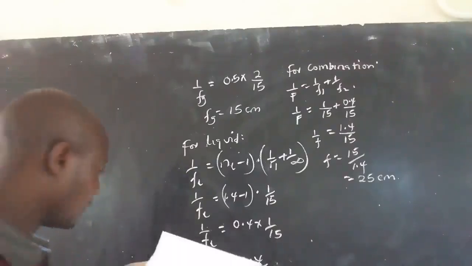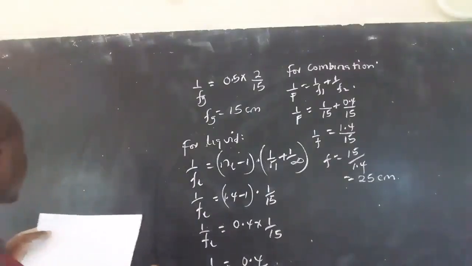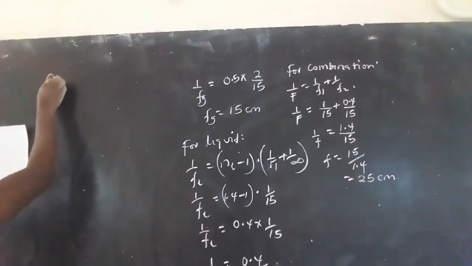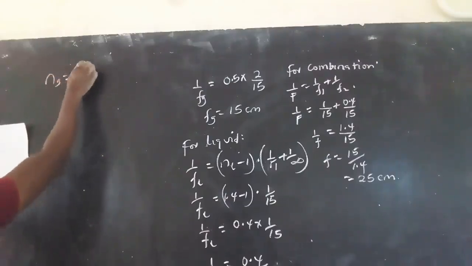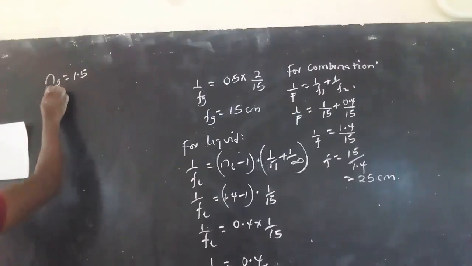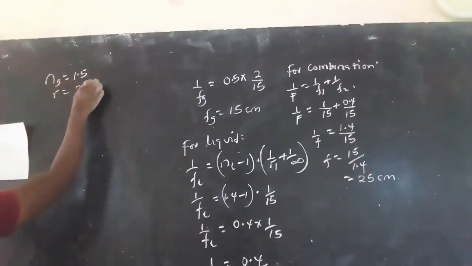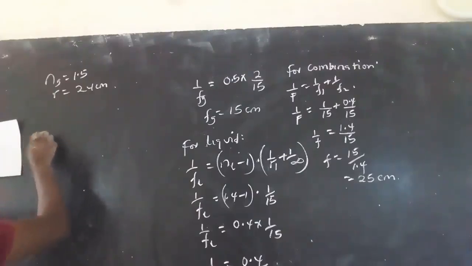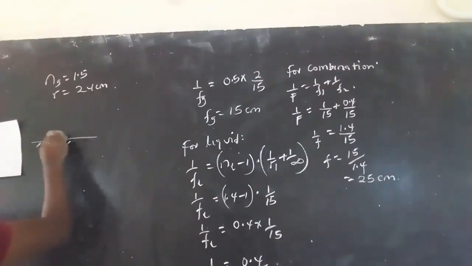Both surfaces are equal. The refractive index of the glass is 1.5. Radii of curvature 24 centimeters. It is placed horizontally on a plane mirror. So put it on the plane mirror.